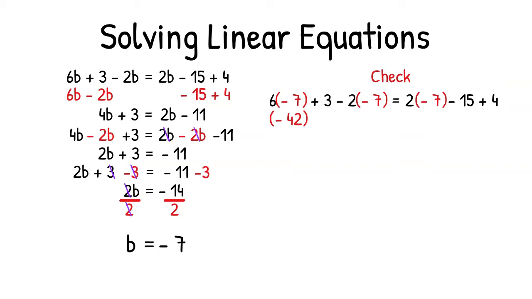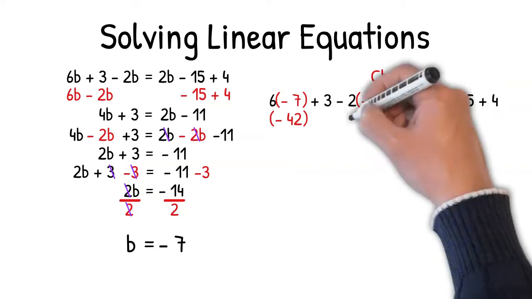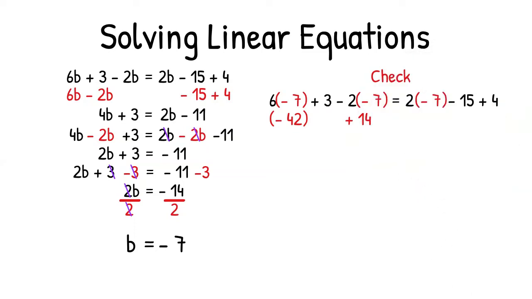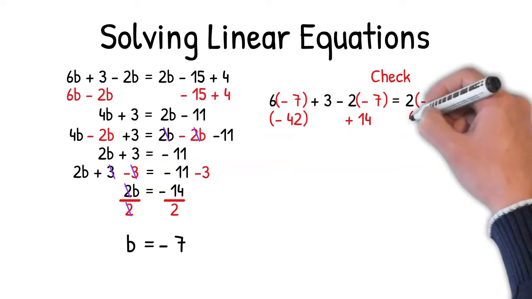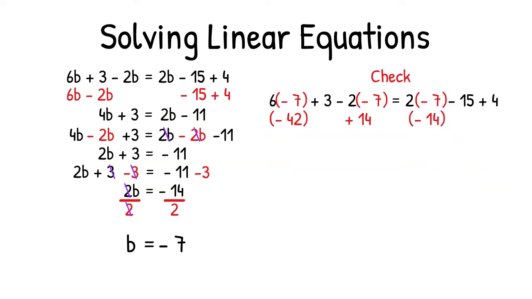And negative 2 times negative 7, negative times negative is positive. 2 times 7 is 14, positive 14, or plus 14. Now on the right side, positive 2 times negative 7 is negative 14. All of the multiplication and division is done, so drop down the rest.